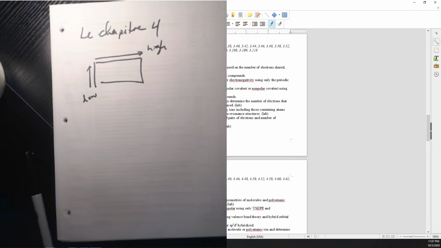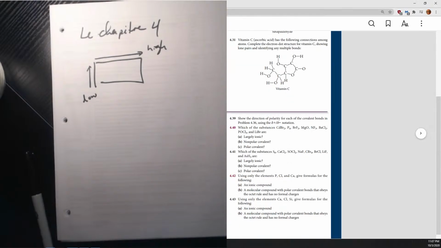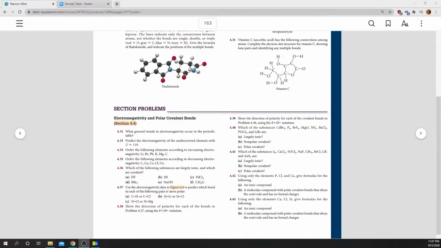34, 36, 38, 40. Okay, so we're just going straight through to 40. Okay, 34. Order the following elements according to increasing electronegativity. Lithium, bromine, lead, potassium, magnesium, and carbon.